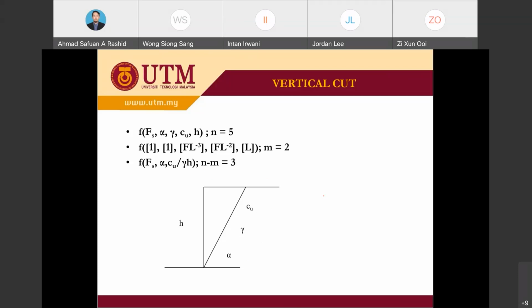So we need to develop 3 dimensionless equations. So we have Fs, we have alpha, then the last one should be the use of gamma, Cu, and H. So the last equation is Cu over gamma H. So that is for the dimensionless equations.